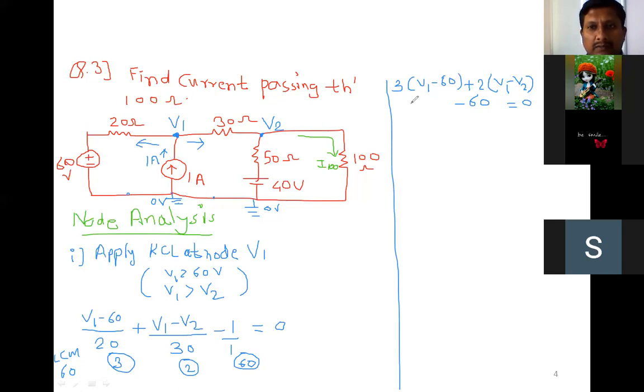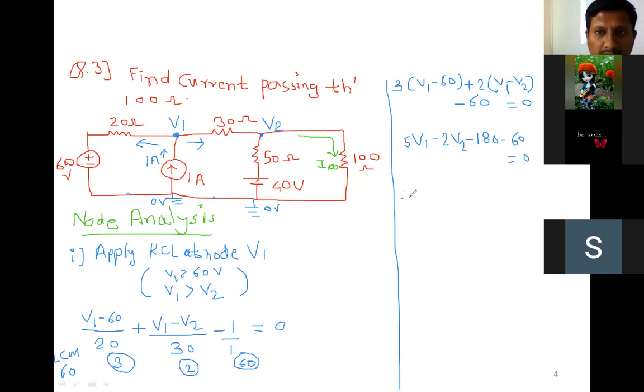Now collect the V1 terms first. 3V1 and 2V1 will give us 5V1. And next, V2 term is 2 into minus V2, that is minus 2V2. Next 3 into minus 60 will give us minus 180, and minus 60 is already there. That is equal to 0.